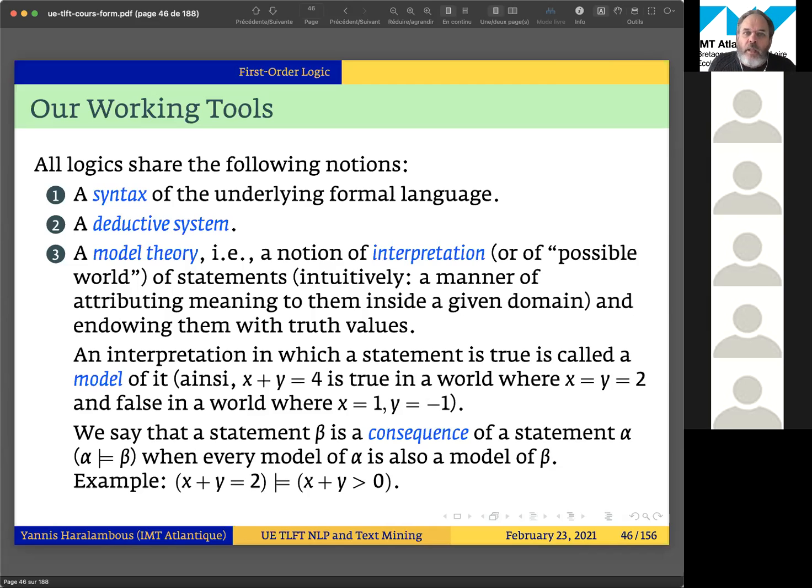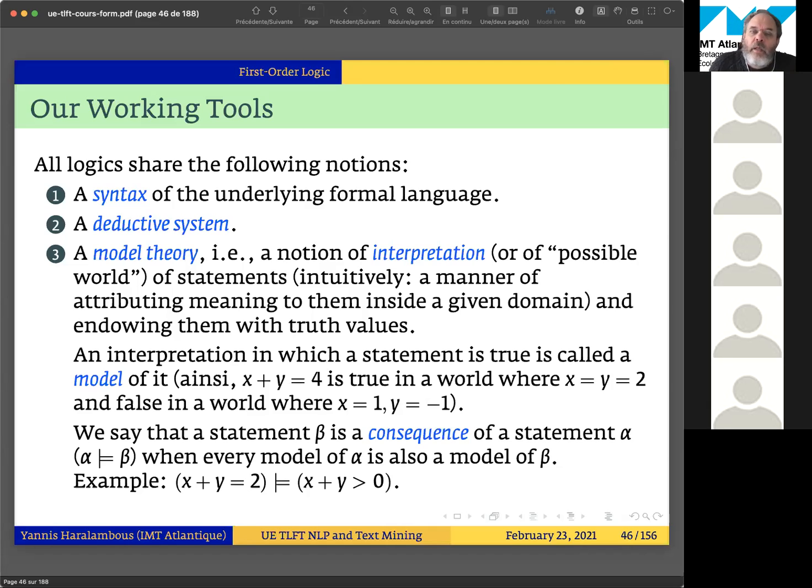This operation is called interpretation. Interpretation is choosing a domain. A domain is a set of objects. For example, the real world. The real world is a very big set of objects, and it can be a smaller one.